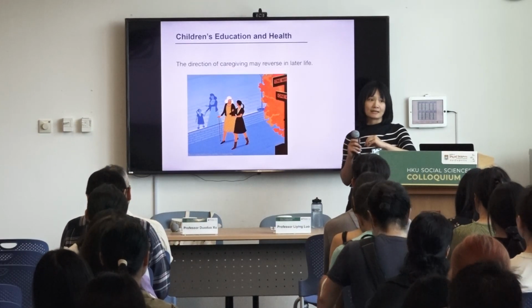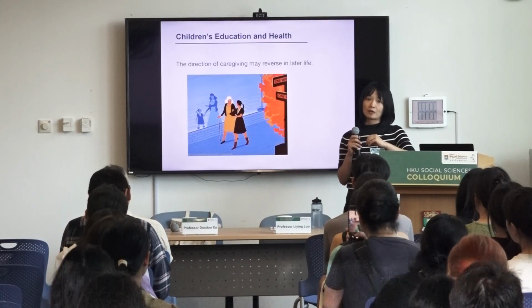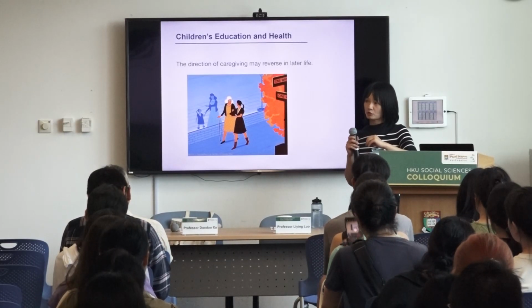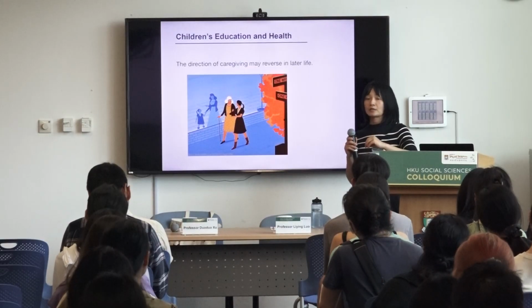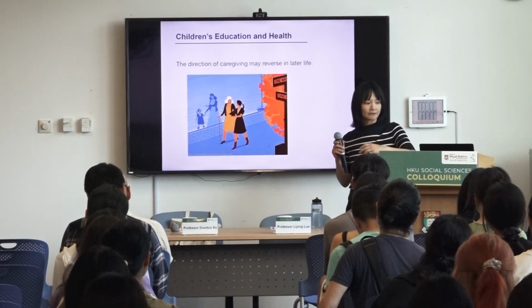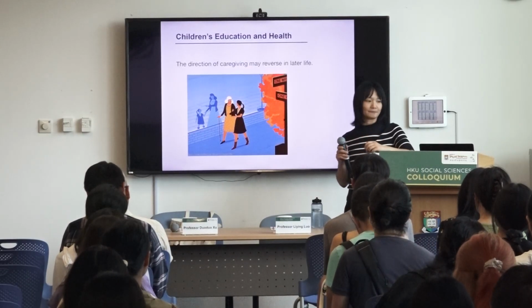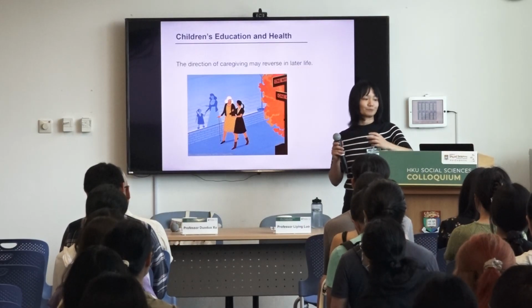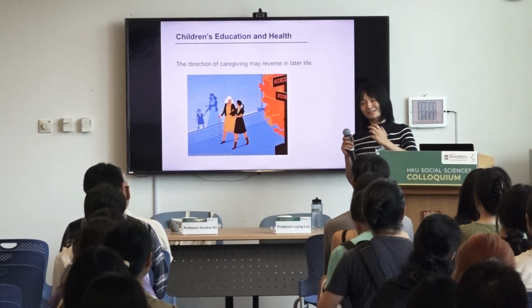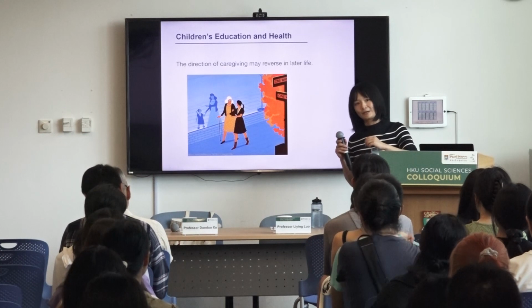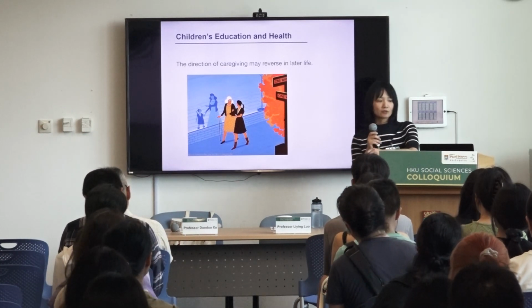At least in the United States, it was estimated that over 41% of adult children provide some care for their ailing parents at some point of their life. I know it's a disappointing proportion. I'm hoping for 100%, but the reality is that about half of adult children provide some care for their ailing parents.